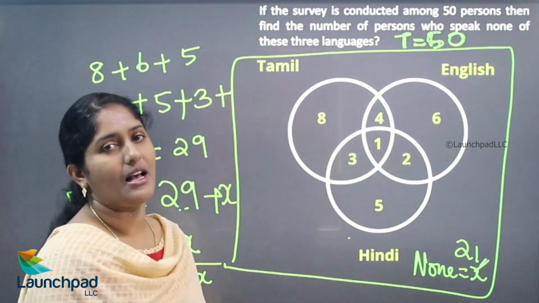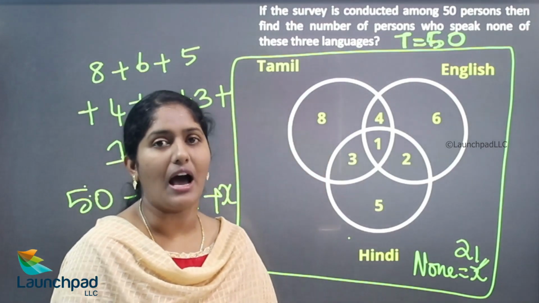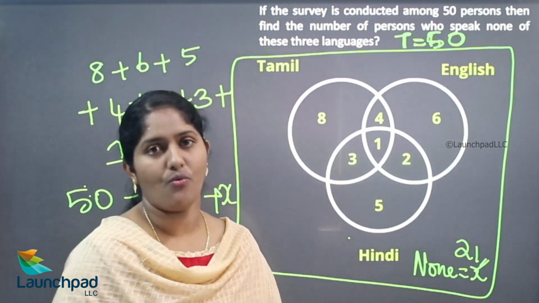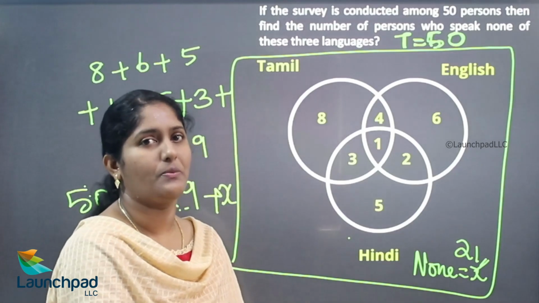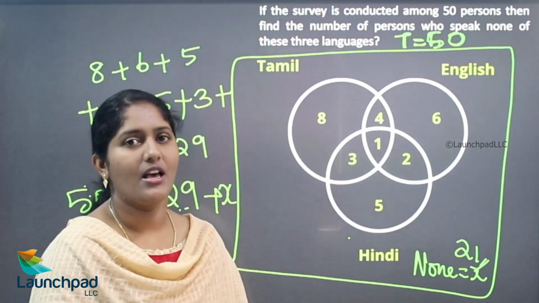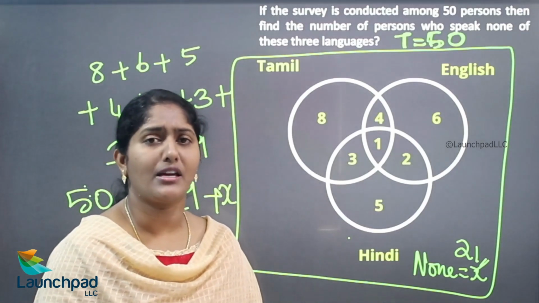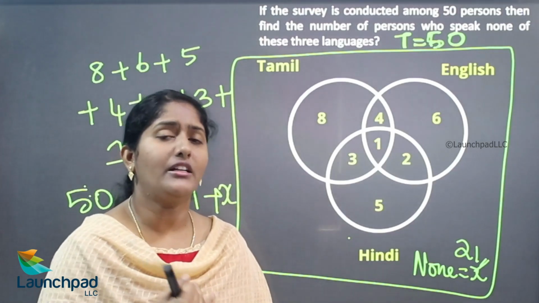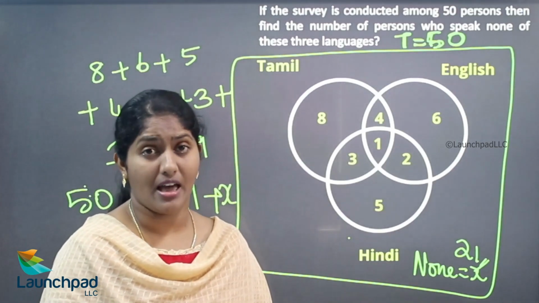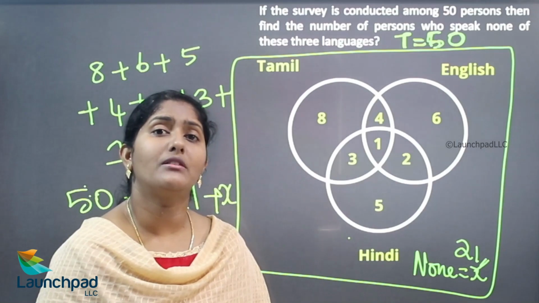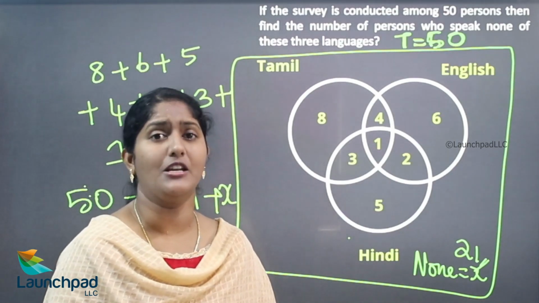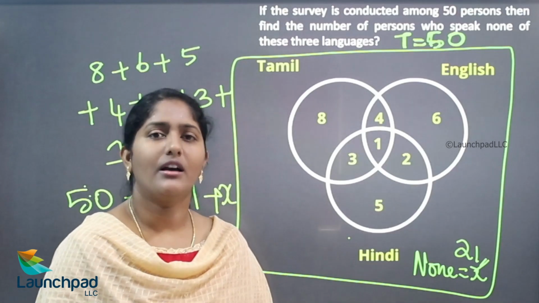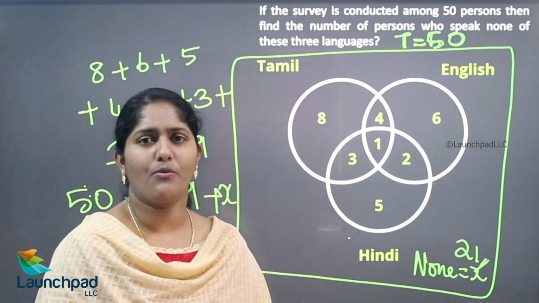Okay, this is an example of how we can calculate the unknown value. For example, if they are playing cricket and football, in this type of question they ask you to find how many persons did not participate in both games, cricket as well as football.